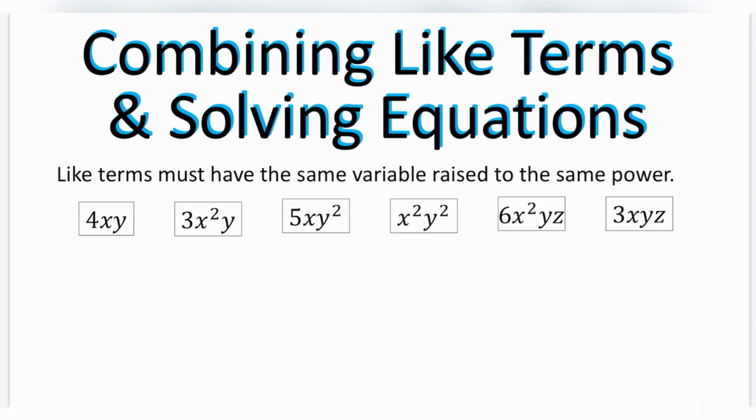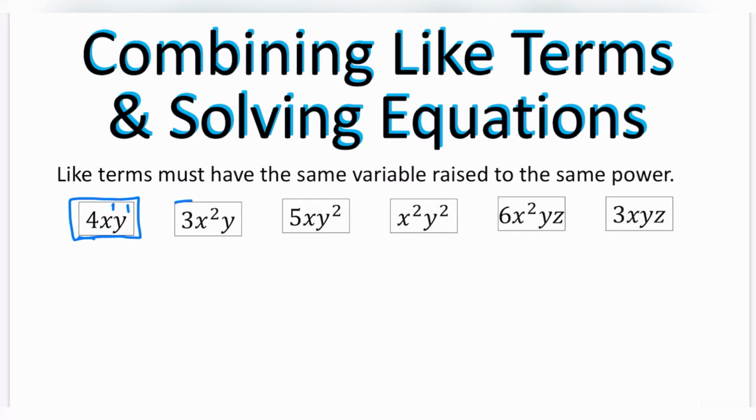Now, in order for terms to be considered like terms, you have to have the same variable raised to the same power. If you look at the first one, 4xy, the power for x is 1, and the power for y is 1, because you see a variable but there's no exponent, so there is technically a 1 there.